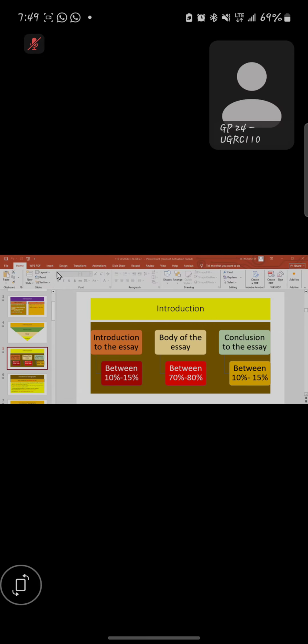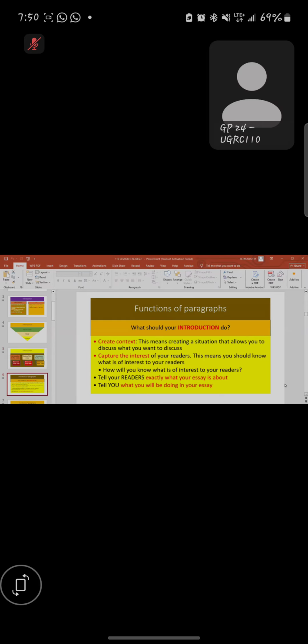No, no, no. Let it be tasteful, let it be aesthetic. Follow the design here and mind the weighting. It's not always so that the introduction and the conclusion have the same weighting, but if you follow the design here, you are on the right path. I hope that is clear.